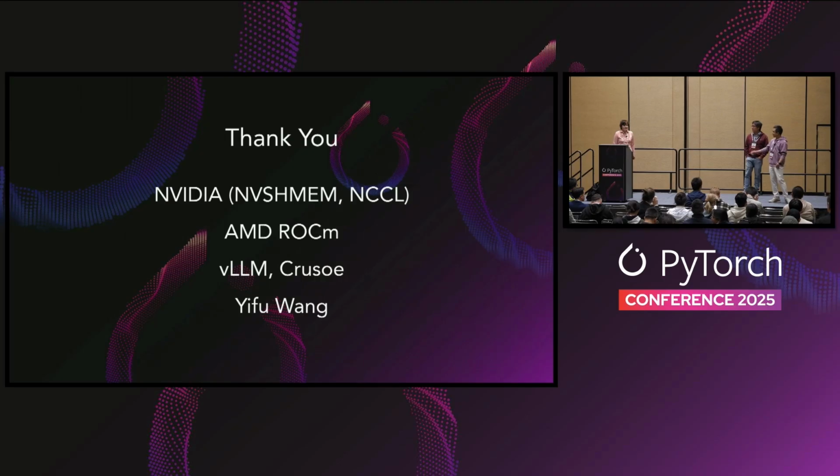So the first thing with all communication kernels is to determine if it's really a kernel issue or if you are just facing some straggler in your workload. And you can use PyTorch profiler to help you do that.